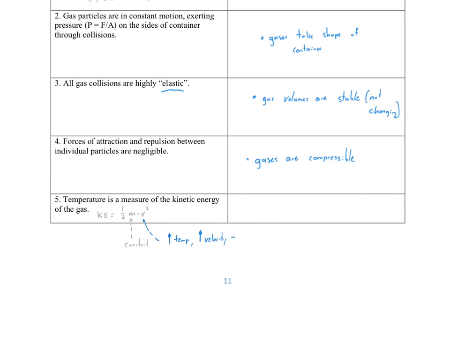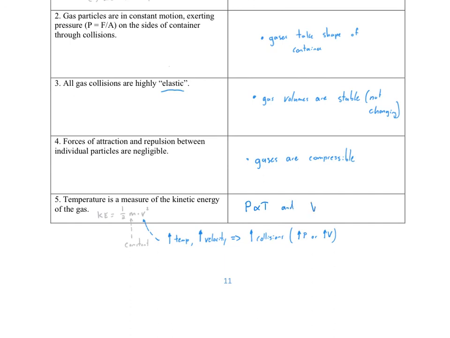So if we increase the temperature of a gas, we're increasing its kinetic energy and therefore also increasing its velocity. It means when we increase the velocity, we must also be increasing the collisions that the particle is having with the other particles and also the walls of the container. And the increase in collisions will therefore mean an increase in the pressure or an increase in the volume.